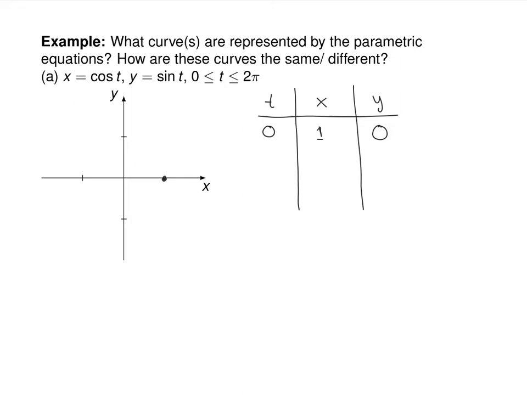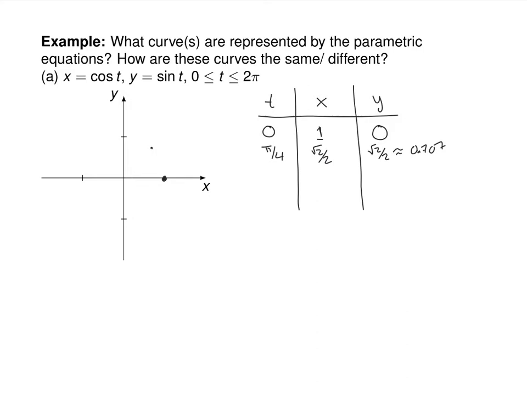The next easy point to plug into cosine and sine probably is, well, pi over 4 isn't super hard, but root 2 over 2 is a little bit tricky to graph. It's approximately 0.7, 0.7. You got a point about right there. So plugging in t equals pi quarters, we get x is root 2 over 2, y is root 2 over 2, both of which are approximately 0.707.